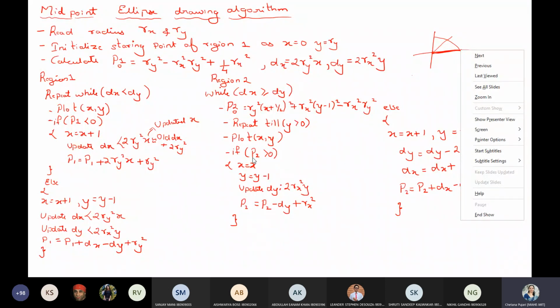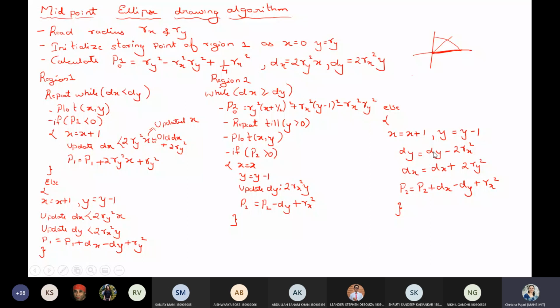And then the else condition, when your decision parameter is less than or equal to 0: you have x is equal to x plus 1, y equal to y minus 1, and your dy is equal to dy minus 2rx square. Why have we done dy is equal to dy minus 2rx square?